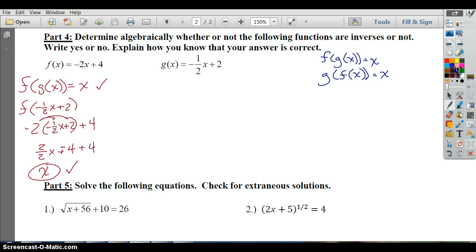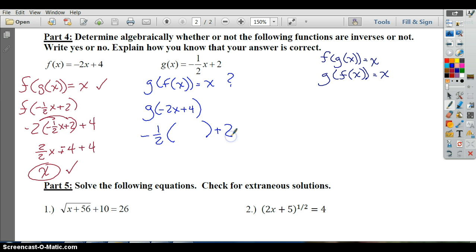Let's switch it around and check to see if g of f of x equals x. Well, I'm going to go ahead and write g of negative 2x plus 4. I'm going to rewrite my g, which is negative half x plus 2, and plug this in. So I have basically positive 2 over 2 of x minus 4 over 2 plus 2.